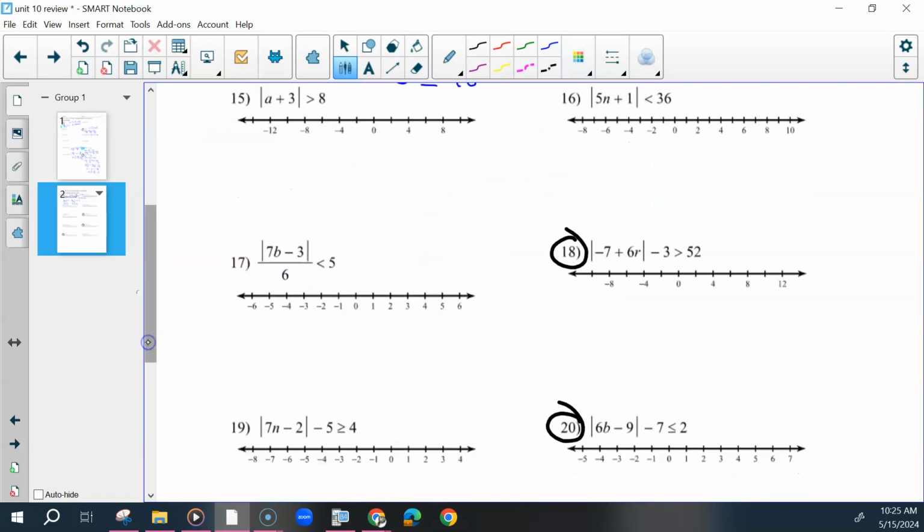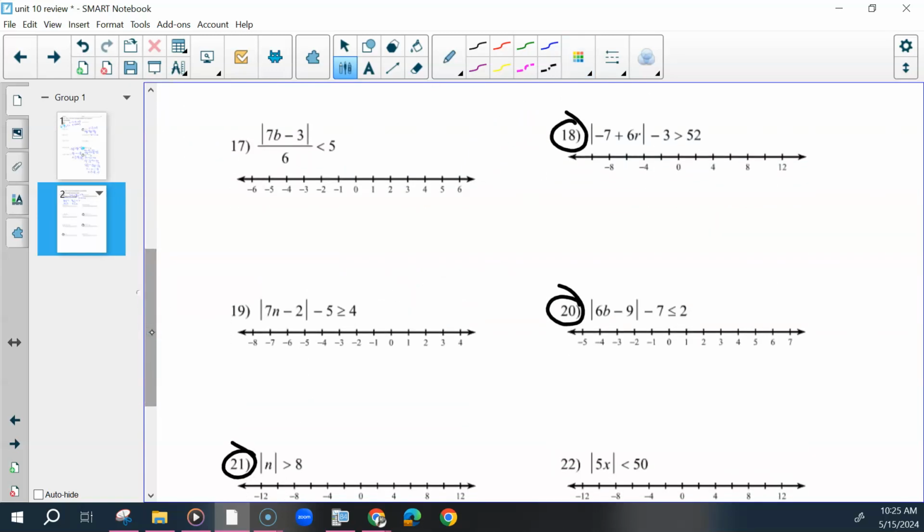On 18, you have to isolate first, get rid of the negative 3 by doing what? Adding. Is that number 18? 18, yep.